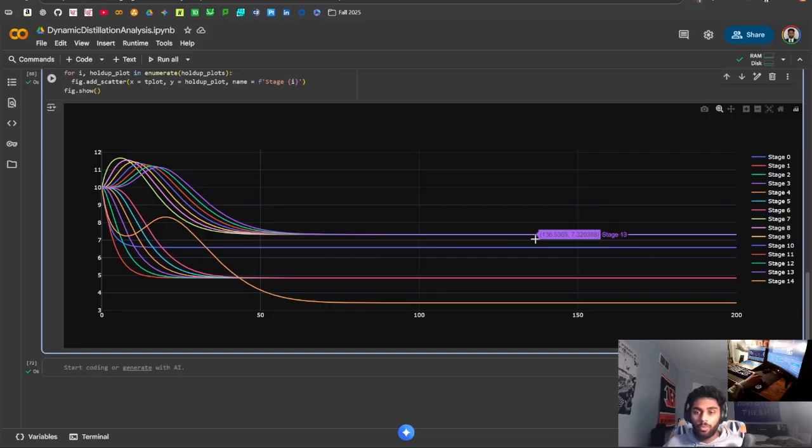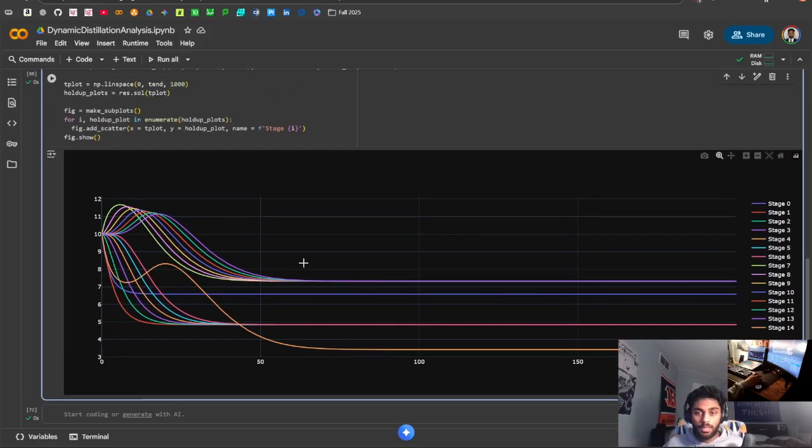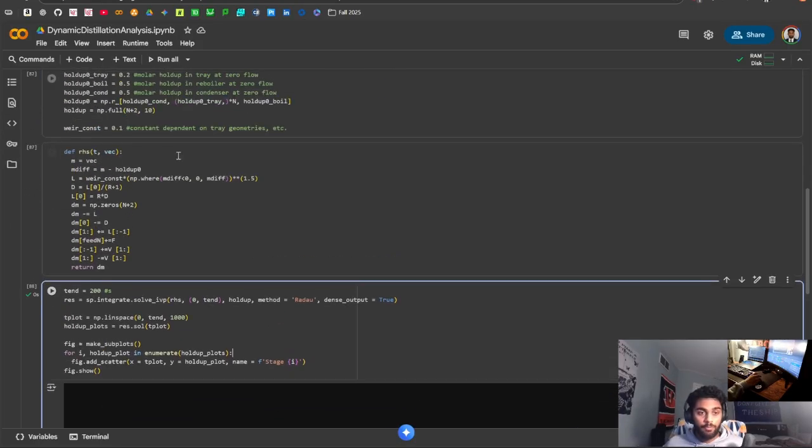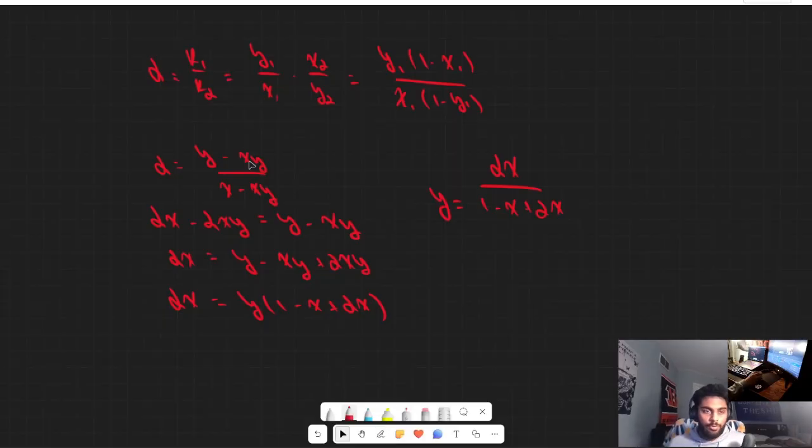And now we can go on to the molar compositions of the more volatile by doing a very similar process to what we had done before. So I very quickly just wrote out this relationship between our x, y, and alpha. So we start here. Our alpha is equal to our ratio of our K's, which is our vapor mole fraction over our liquid mole fraction.